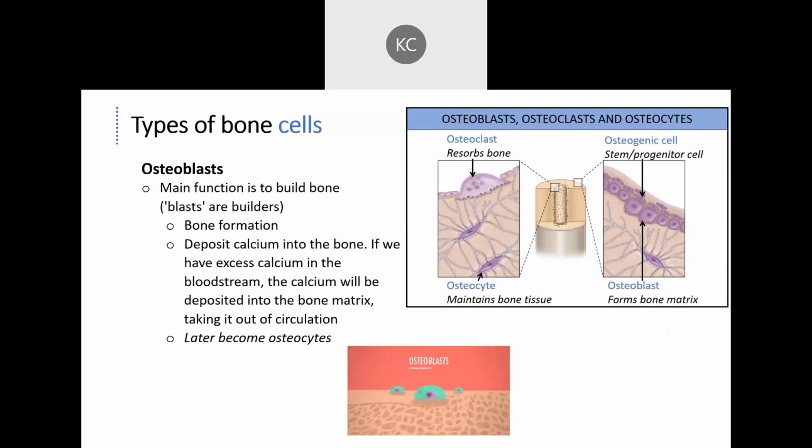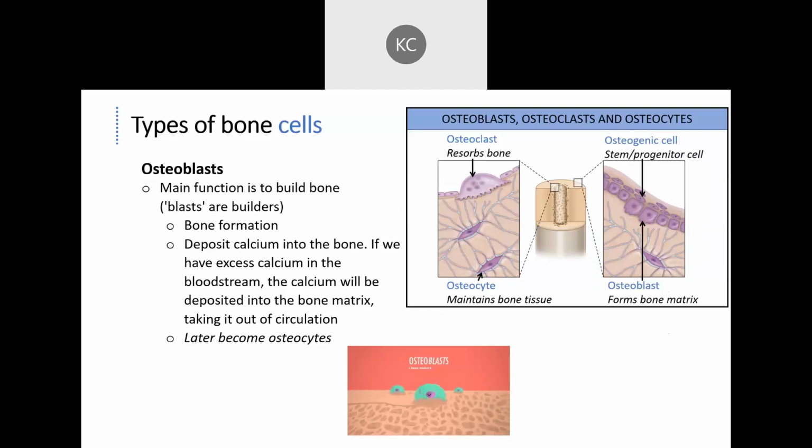All right, so the osteoblasts are going to be secreting this collagen fiber, and they'll also secrete something called osteoid. Osteoid is essentially unmineralized bone. Before the bone is mineralized with the calcium and these hydroxyapatite crystals, it's referred to as osteoid.